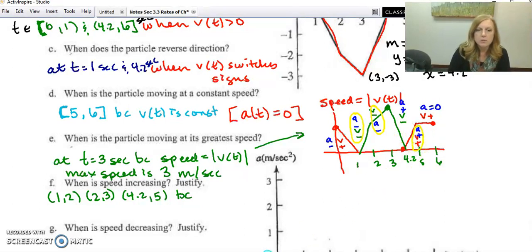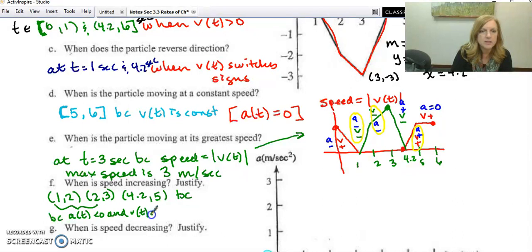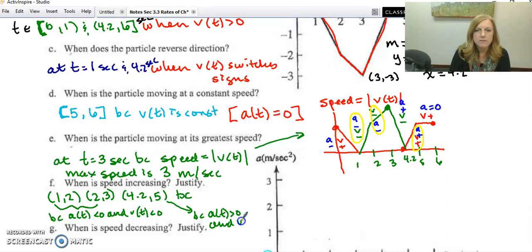So that's going to be the reason that you want to say that these two would be because acceleration and velocity are both negative. So A of t is less than 0 and V of t is less than 0. And then this one would be because they are both positive, A of t greater than 0 and V of t greater than 0.